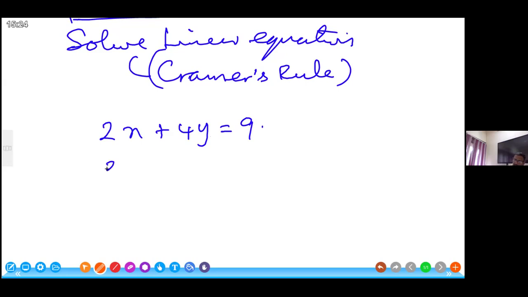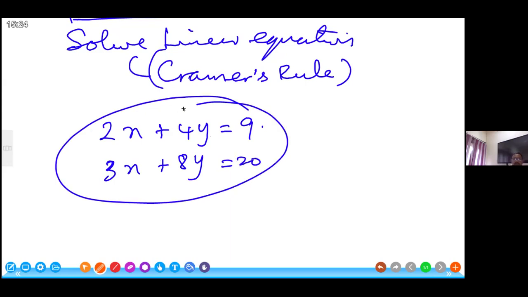Similarly, 3x plus 8y is equal to 20, as an example. How to solve these equations? These are linear equations, linear equation 1 and linear equation 2. How to solve them? Here we can use the determinant concept to solve the linear equations, right?